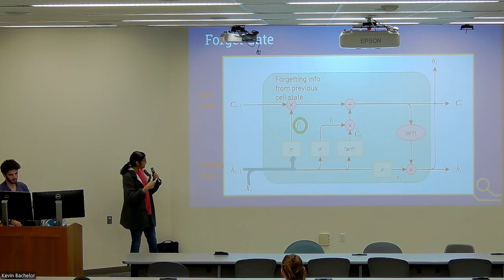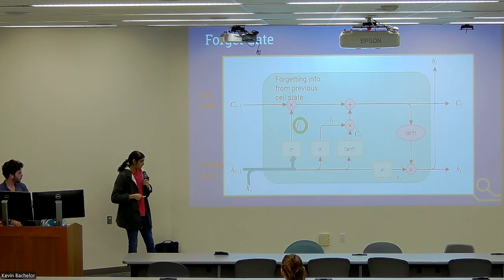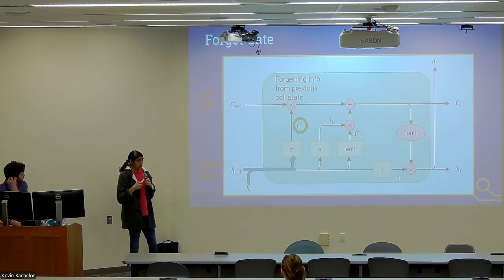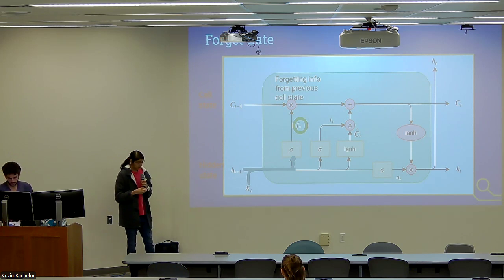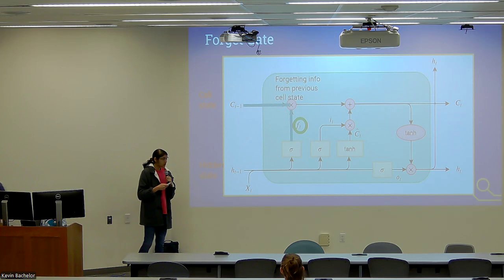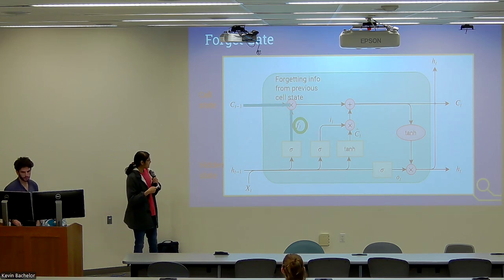Firstly, if we want to derive our forget gate, the way the LSTM does that is it takes the current word and the previous hidden state, and multiplies each by a set of weights in order to get the forget gate. Next. And then the way it uses the forget gate is it applies it to the previous cell state.